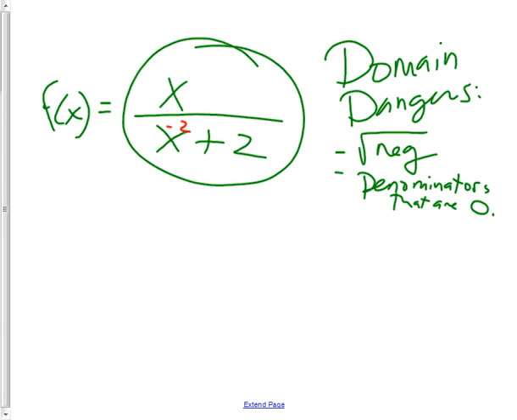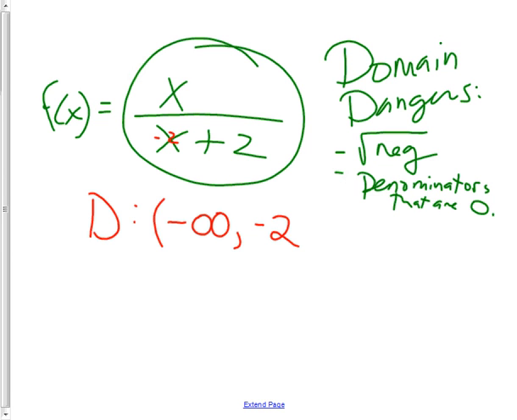So on this one, if I put in a negative 2, I will have a problem. So how do I write my domain? My domain is all real numbers except for negative 2. So the way you write that is, I can go from negative infinity all the way to what before I have a problem? Negative 2.